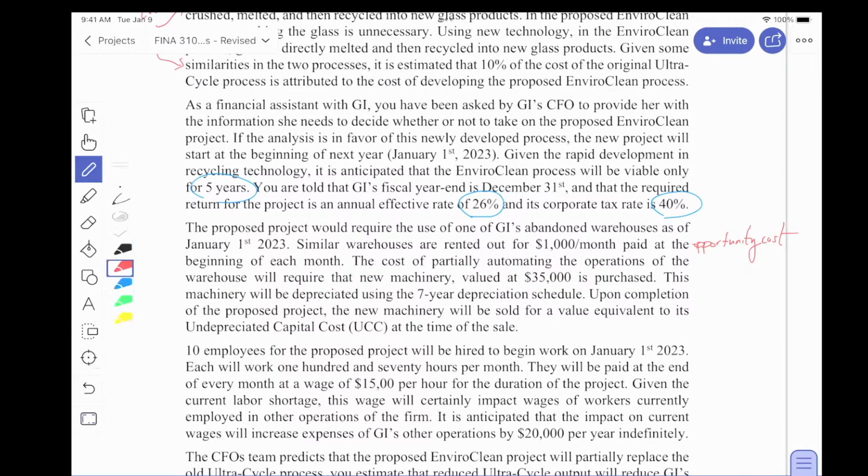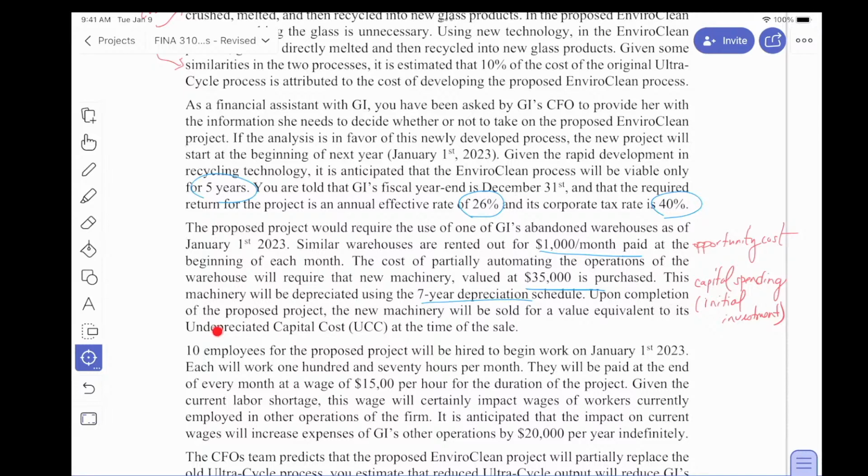The cost of partially automating the operations of the warehouse will require new machinery. So the $35,000 equipment is the capital spending, or the initial investment, right? This machinery will be depreciated using a 7-year schedule. I'll underline that because we need that information.